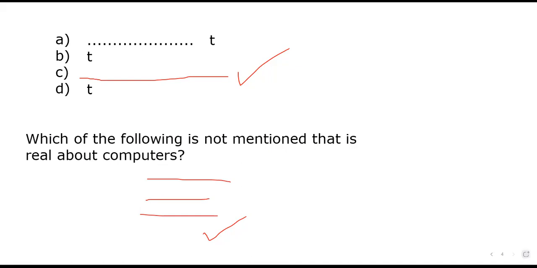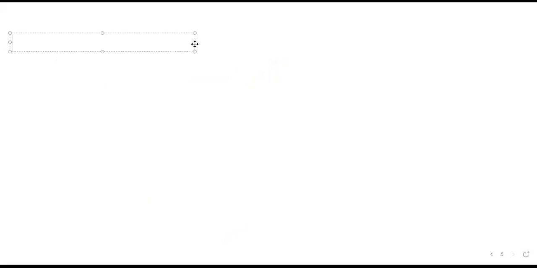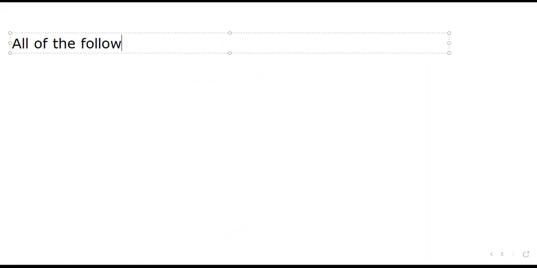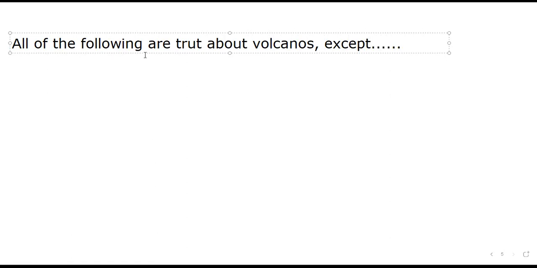Okay, another example can be: all of the following are true about volcanoes, except A, B, C, and D. Okay, and again, I start reading.